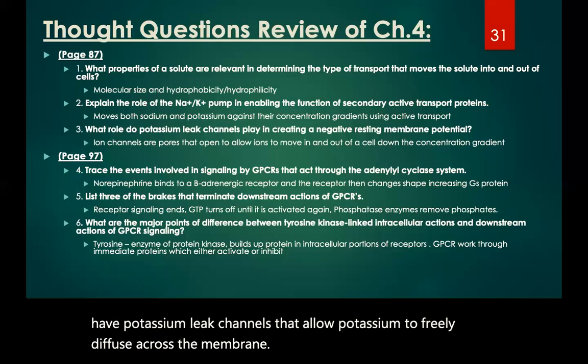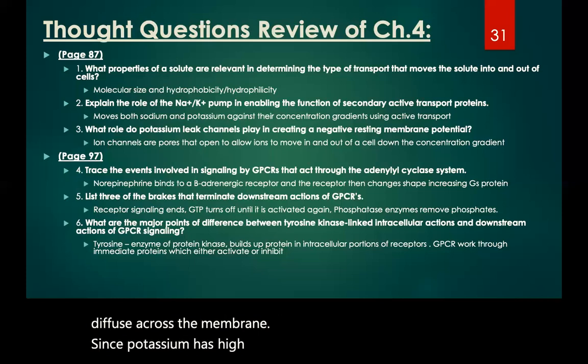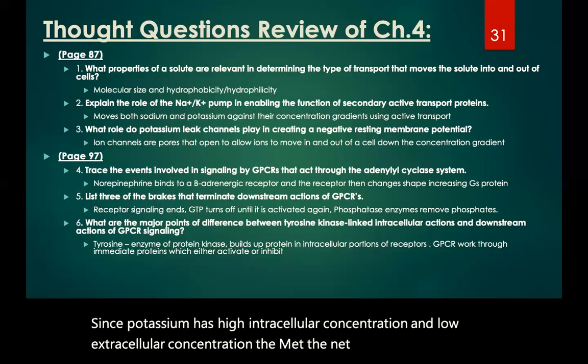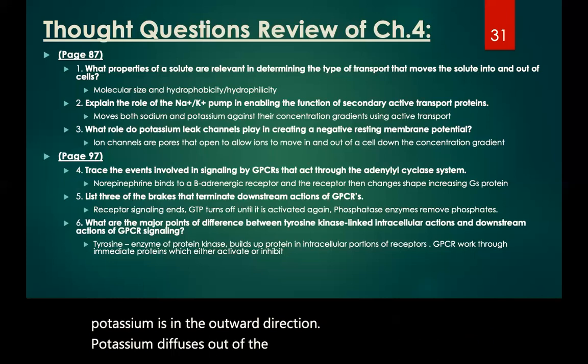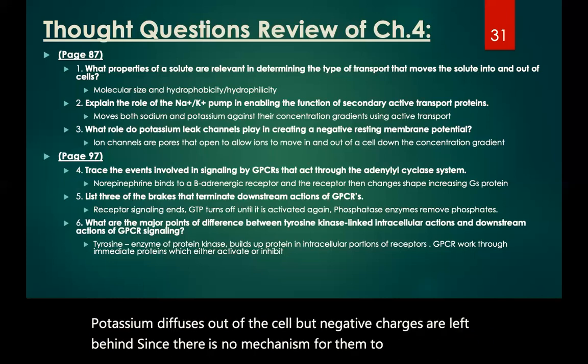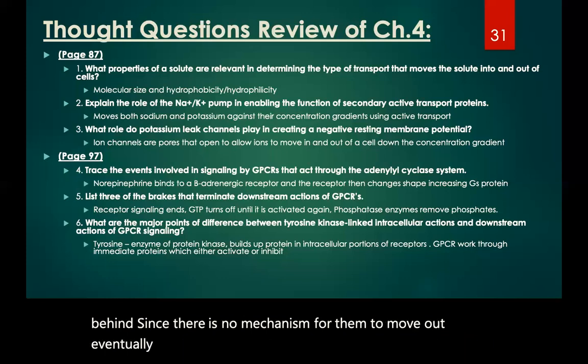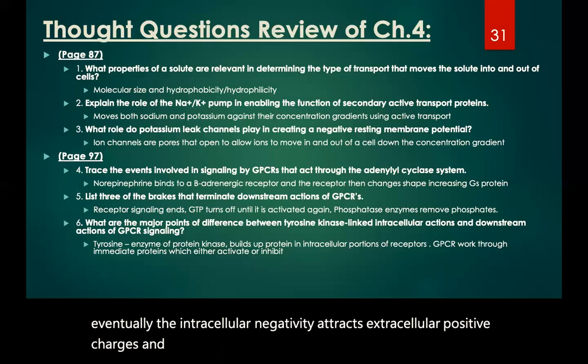Since potassium has high intracellular concentration and low extracellular concentration, the net movement of potassium is in the outward direction. Potassium diffuses out of the cell, but negative charges are left behind since there is no mechanism for them to move out. Eventually, the intracellular negativity attracts extracellular positive charges, and an electrical potential difference is created with inside of the cell negative to outside.